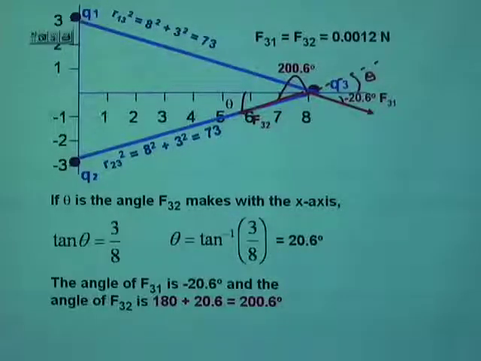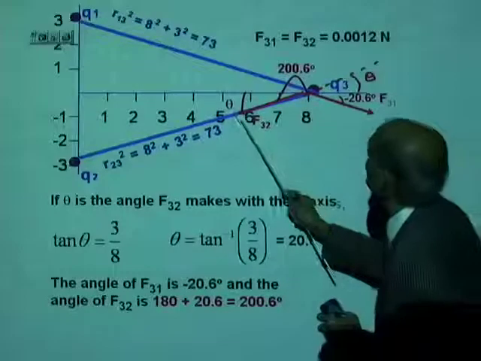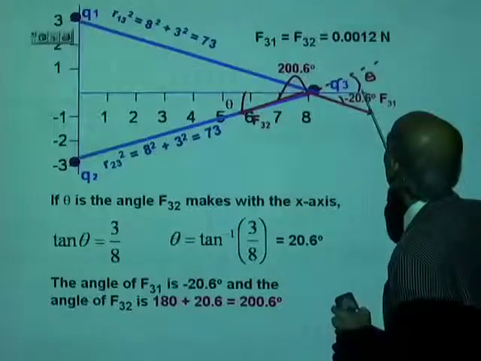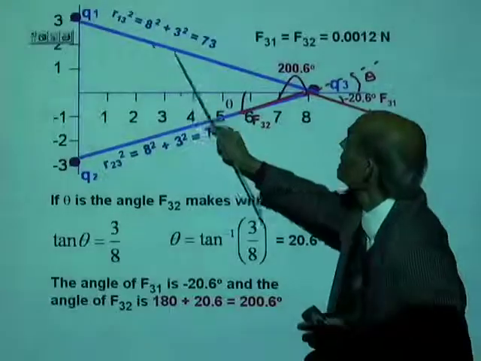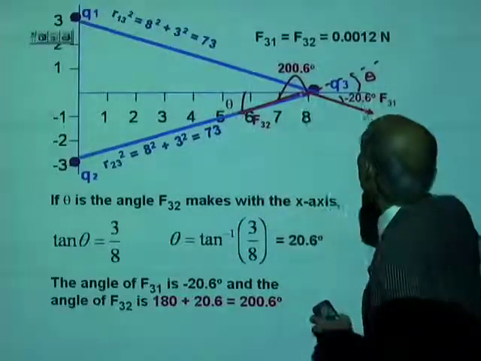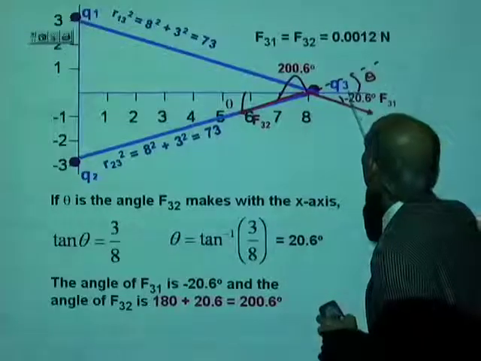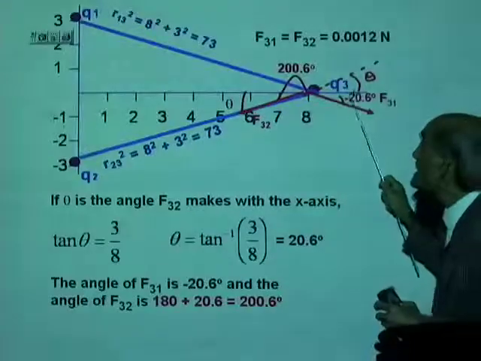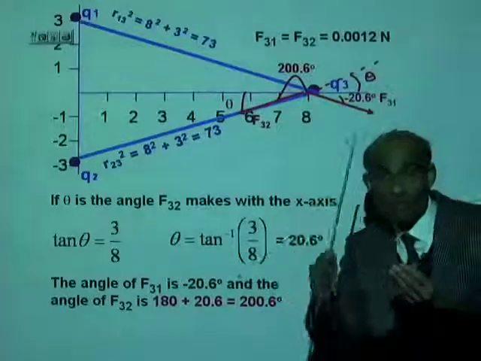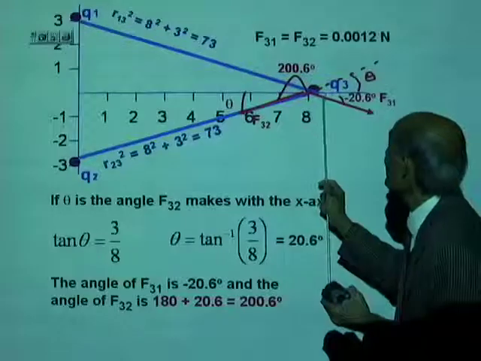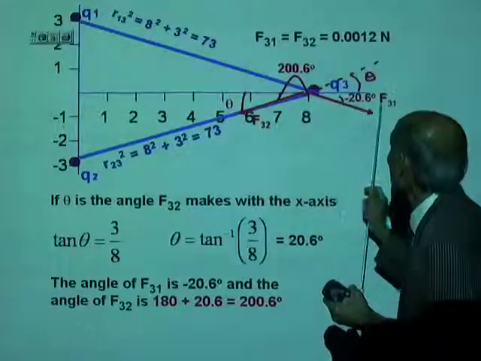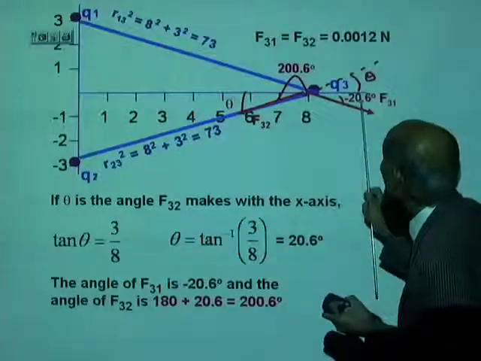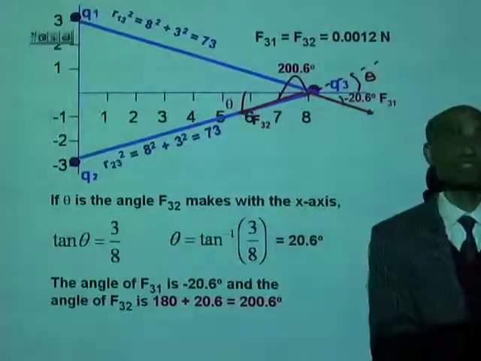Now, if you produce that line, this is the x-axis, this angle will be theta, and you can see the symmetry of the diagram tells us that if this is theta, that also will be theta. But this angle is a negative angle because it is the fourth quadrant angle. So the angle this force vector F31 makes with the x-axis is negative 20.6 degrees.